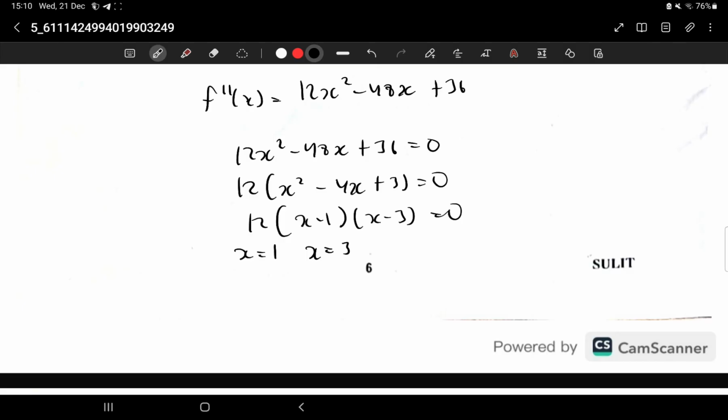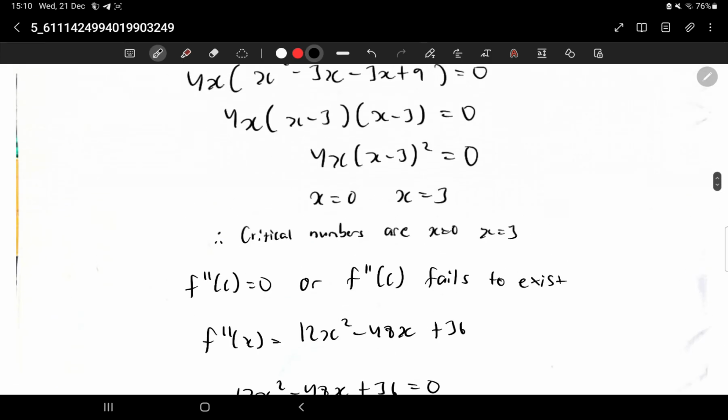Oh, wait, sorry. Yeah, it changes. Okay, so here are our inflection points.